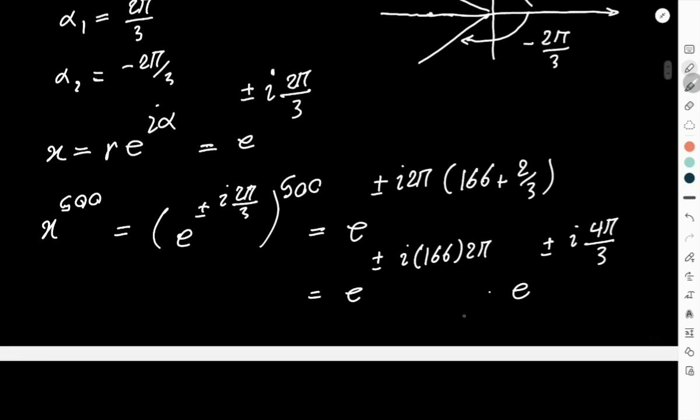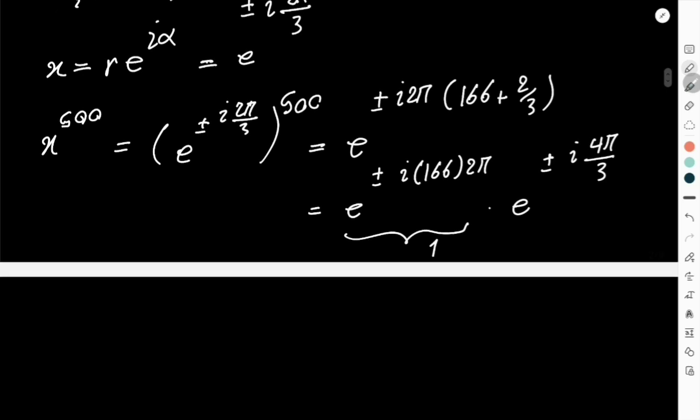But the first value is always 1. I'm sure you can calculate it. So x to the power of 500 equals this value, and that is, as a matter of fact, e to the power of plus minus i 4π over 3. Let's see how we can calculate that.